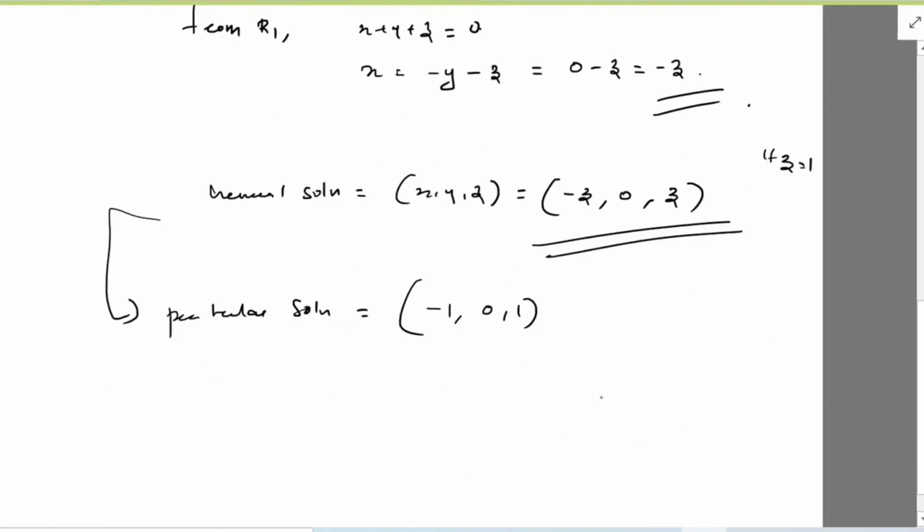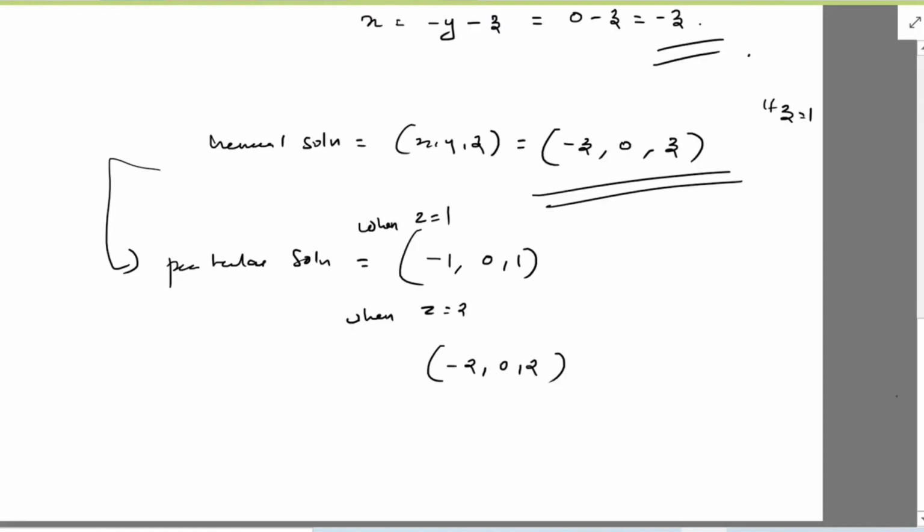If z equal to 2, the solution will be minus 2, 0, 2. When z equal to 3, the solution will be minus 3, 0, 3. So there are infinitely many solutions, depending on the values that we choose for z, because z is free.